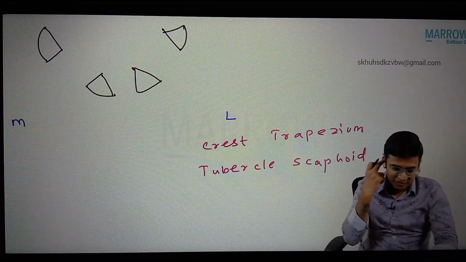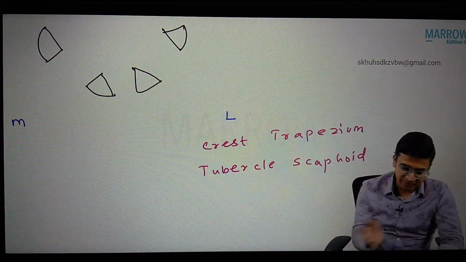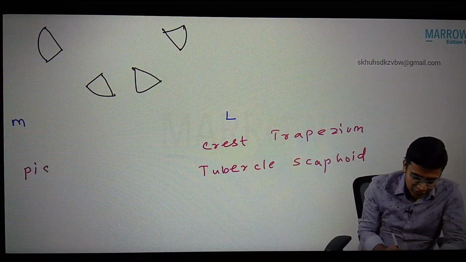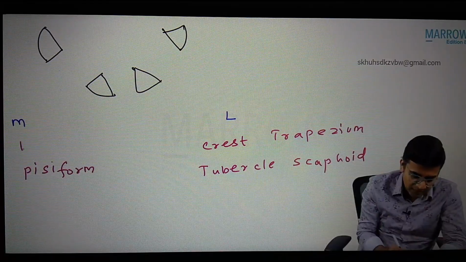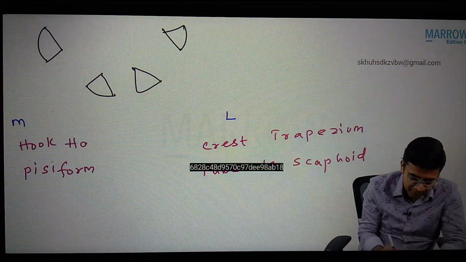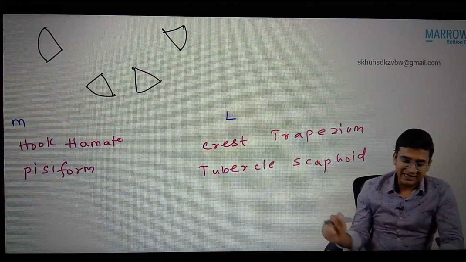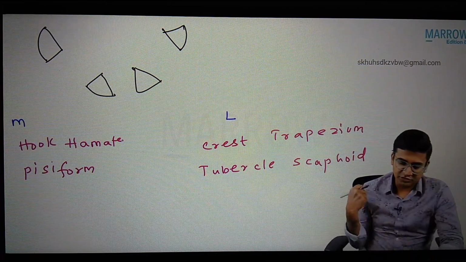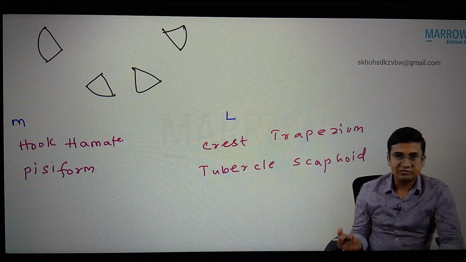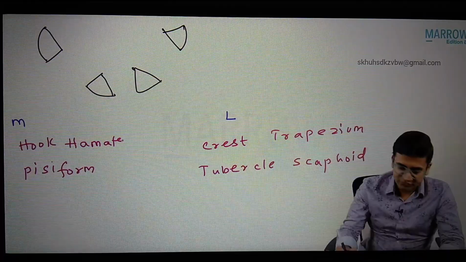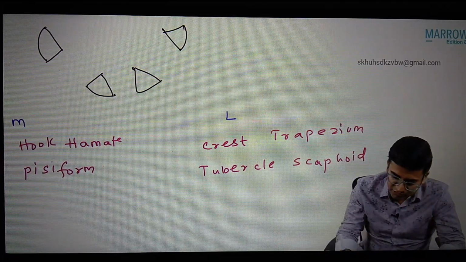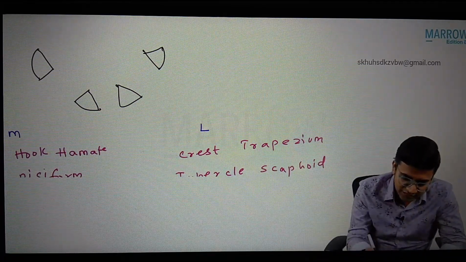Proximal row, scaphoid, tubercle; distal row, crest of trapezium; medially to the pisiform bone and hook of the hamate. Okay, this is the attachment of flexor retinaculum: the tubercle of scaphoid, crest of trapezium laterally, medially to pisiform bone and the hook of hamate. So now we're going to draw the retinaculum.